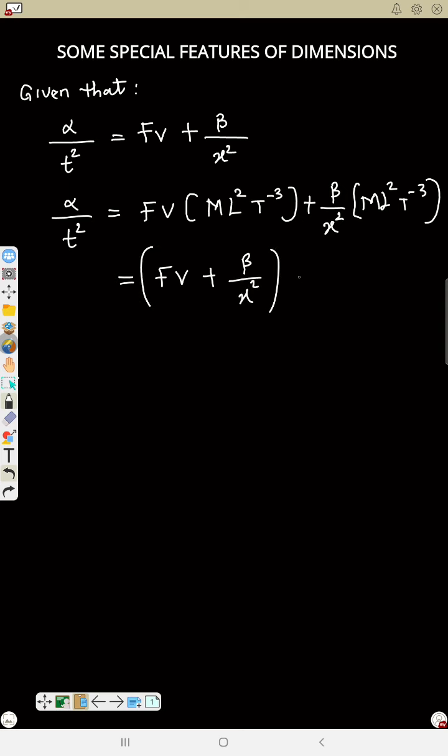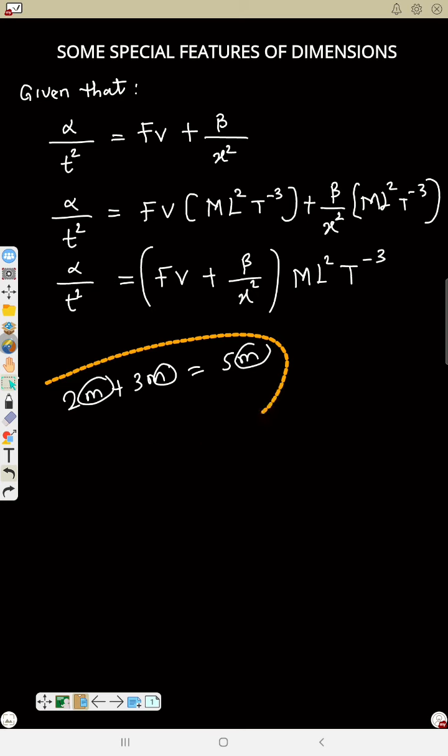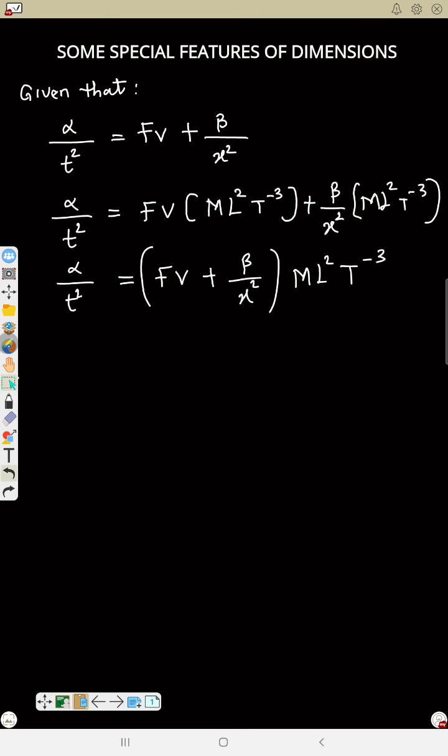So that means if the two dimensions are equal, fv plus beta over s square has the dimension of what? ml square t raised to power minus 3. This is alpha over t square. We have already said if two quantities are added together, they must give rise to another quantity which is the same, like the meter. That means this will be the result of these two. If you add these two together, this is the result.